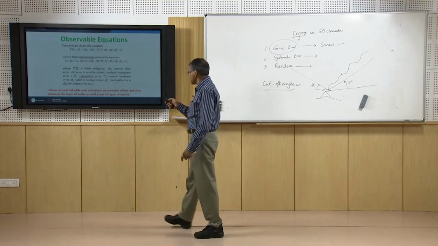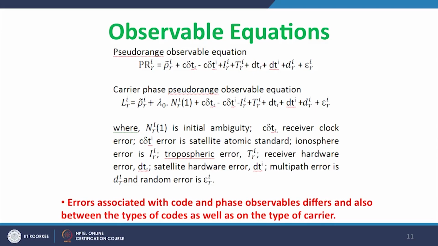Similarly, carrier phase also has these parameters, with an additional parameter called the integer ambiguity parameter. Though I am using the same symbols, the amount of error associated with code pseudo range observables and those in the phase observables will not be the same.